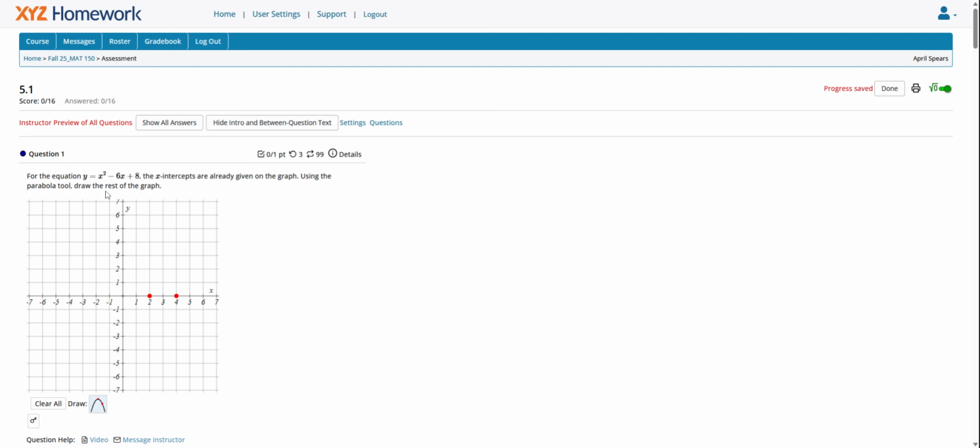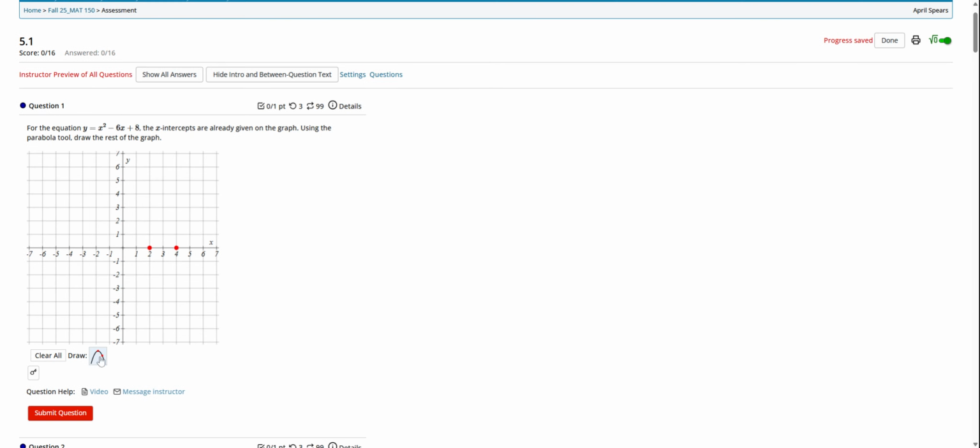So we've got the equation x squared minus 6x plus 8. Well, there's only one drawing tile, that's highlighted, and there's only one to choose. And notice it's got two dots. The first thing you're going to do is go to Desmos and type that equation in.